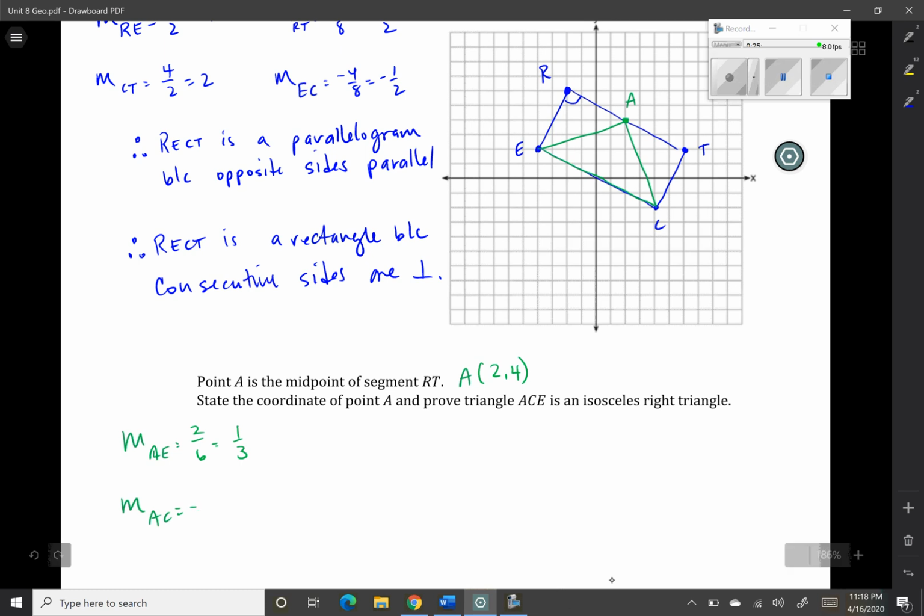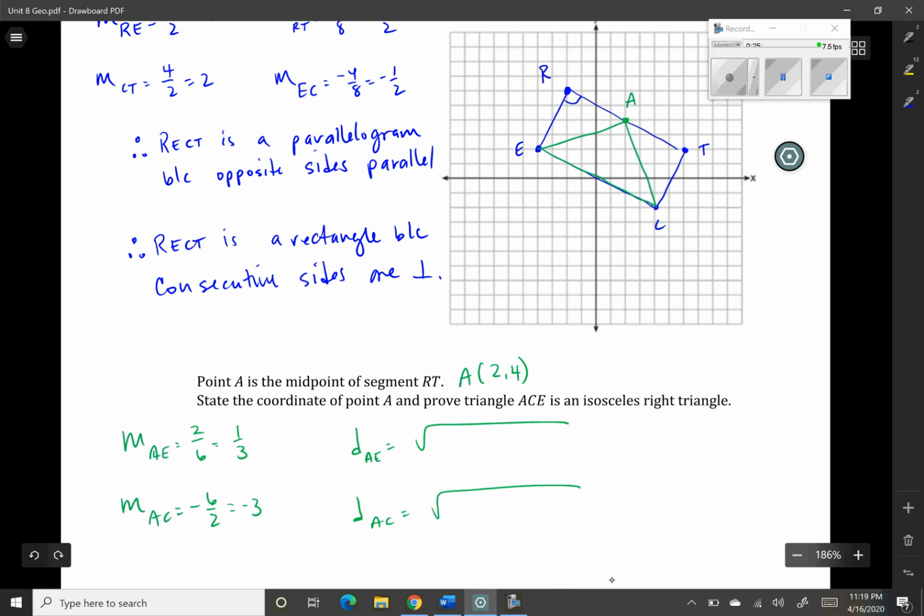So we have negative 6 over 2. It's negative slope, so it's negative, which becomes negative 3. That work alone is enough to prove it's a right triangle. I don't want to prove it's a right triangle. I want to prove it's an isosceles right triangle. So I need to make sure that the distance of AE is the same as the distance of AC.